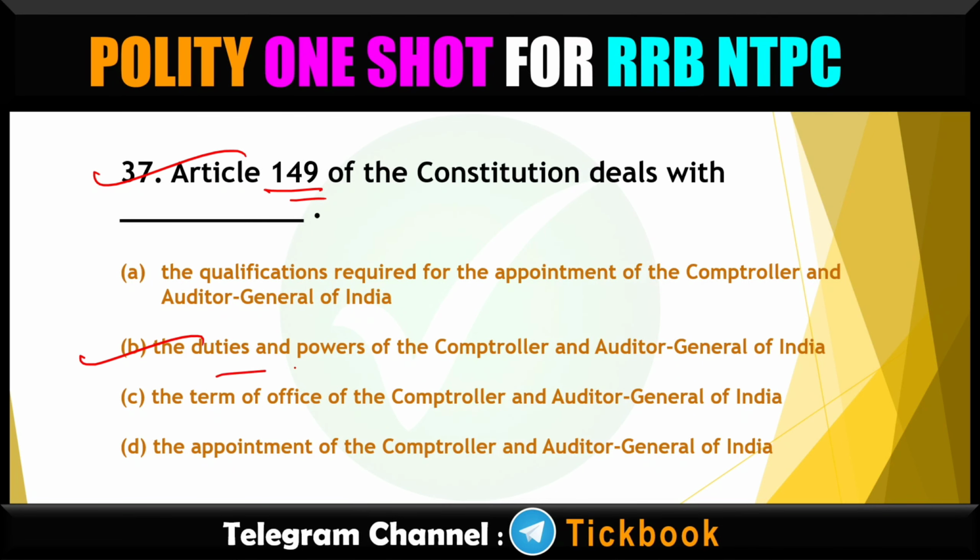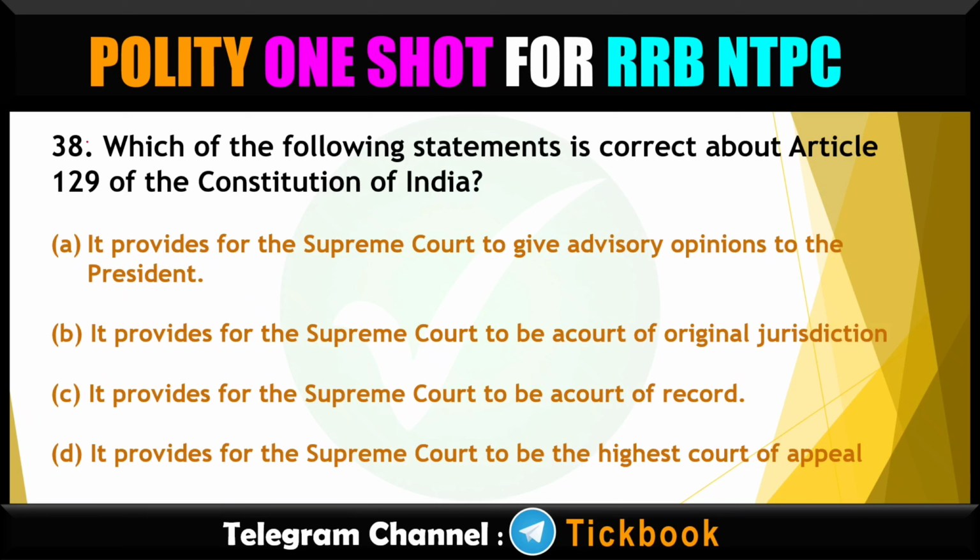Option number B, the duties and powers of the Comptroller and Auditor General of India. 38. Which of the following statements is correct about Article 129 of the Constitution of India? Option number C, it provides for the Supreme Court to be a court of record.